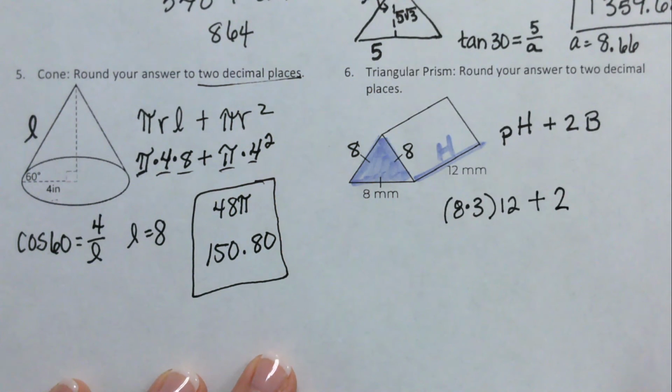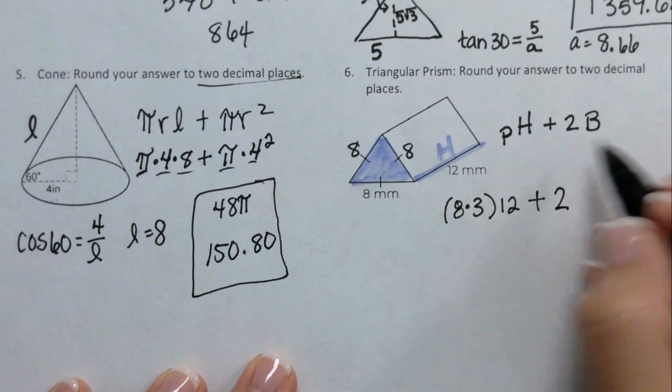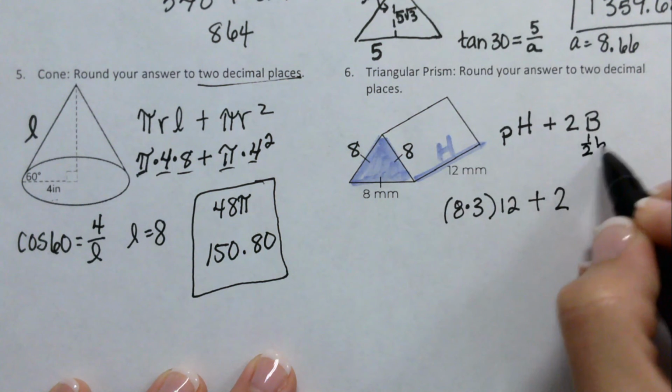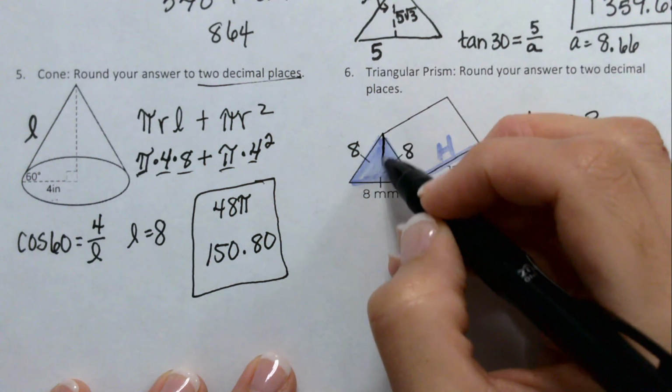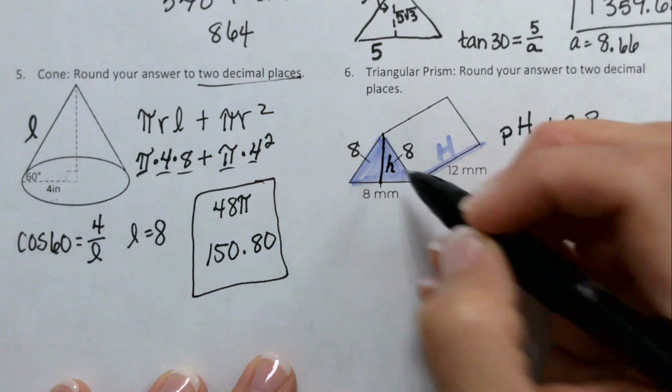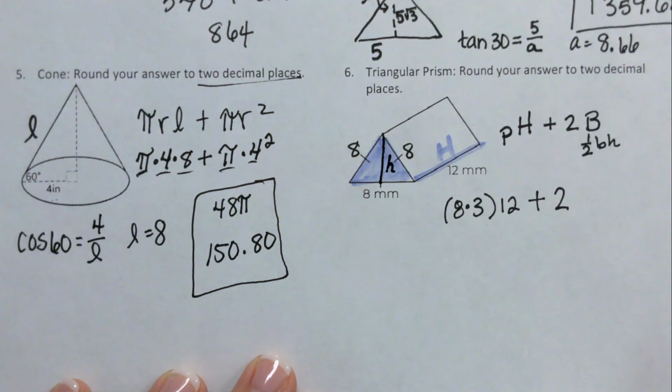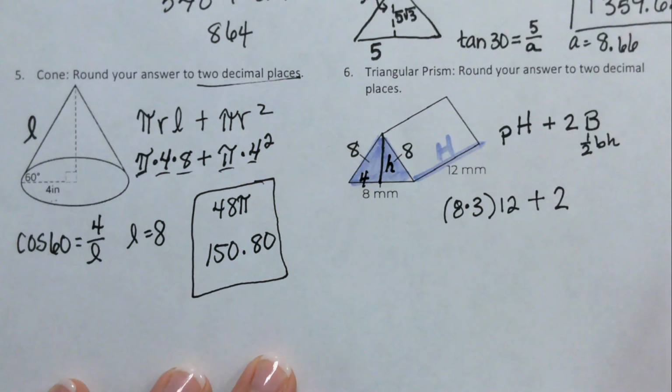Now this base area is going to be 1/2 base height because it's a triangle. So we need to find this height, little h, using the 4, h, and 8 with the Pythagorean theorem, or noticing that it's a special right triangle, so it's going to be 4 radical 3.